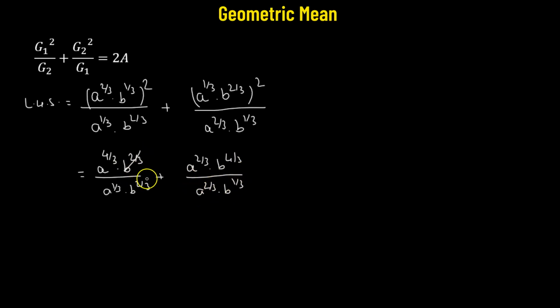So b raised to the power of 2/3 will get cancelled and a raised to the power of 2/3 will get cancelled. This leaves us with a raised to the power of 4/3 minus 1/3 plus b raised to the power of 4/3 minus 1/3, which will be a plus b, and a plus b, we have already mentioned, is equal to 2 times the arithmetic mean between a and b. So we have obtained the expression on the right hand side, hence proved.